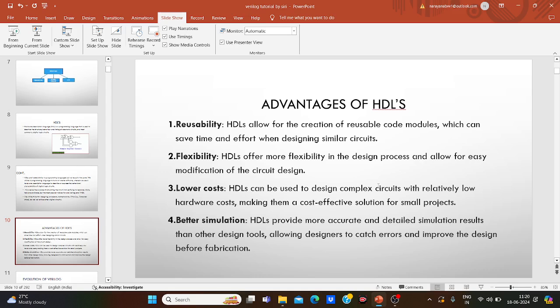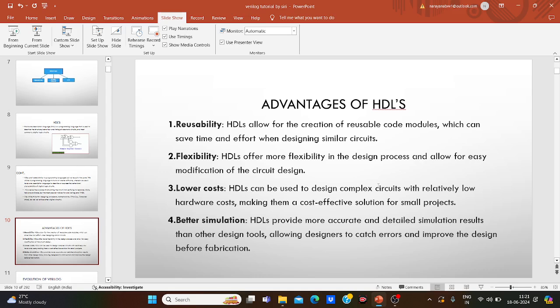And then coming to better simulation. As we already discussed in the previous sessions, after designing the code, you will be simulating it. Since it is the code that you are simulating, you can easily find the bugs and catch the errors, and you can improve your design so that there won't be any problem during the fabrication process. Because as I already told you, fabrication involves much more cost compared to software, is it or not?